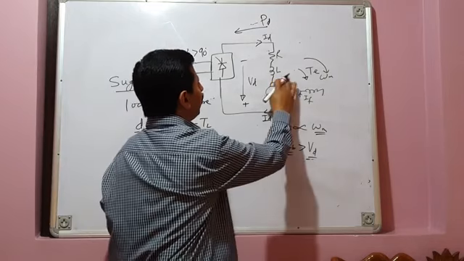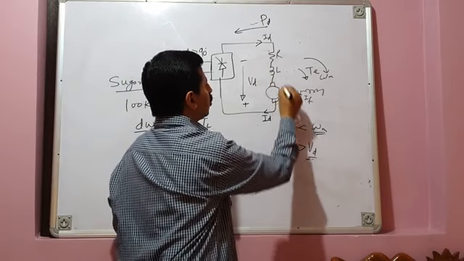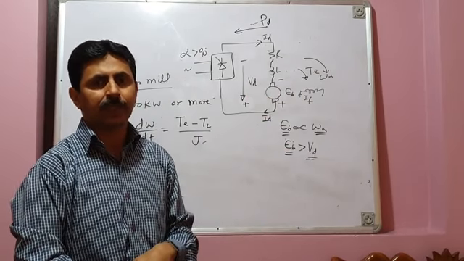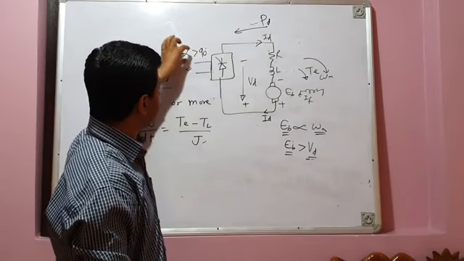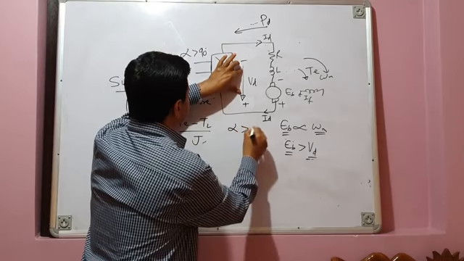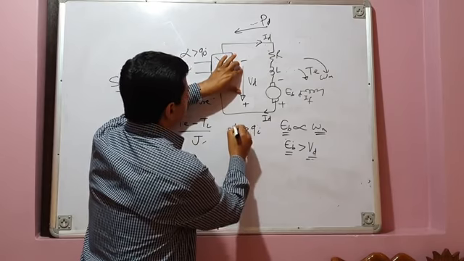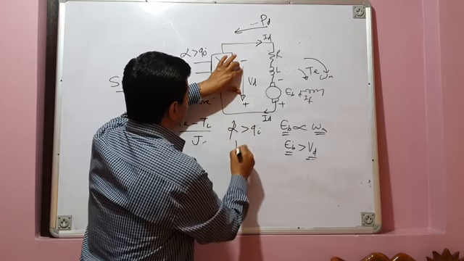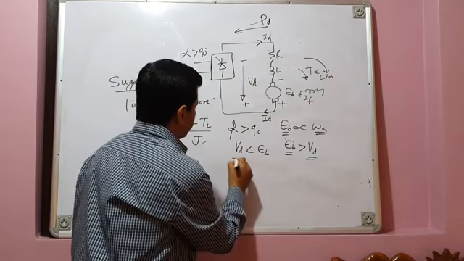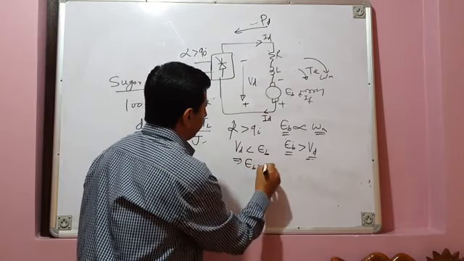And simultaneously, you also change the polarity of the back EMF. And you adjust the delay angle in such a way that VD, with alpha greater than 90 degrees, is less than the back EMF of the motor, which means EB is greater than VD.